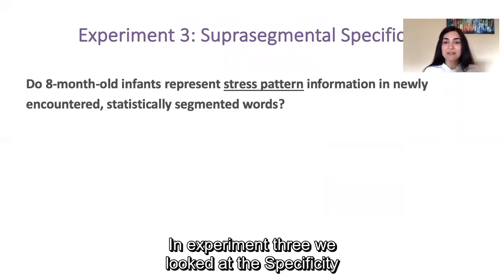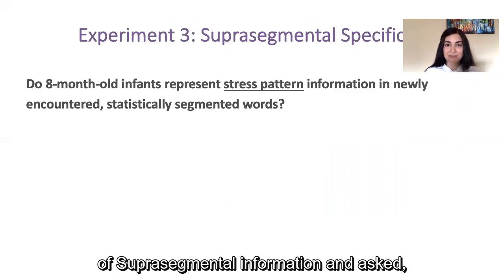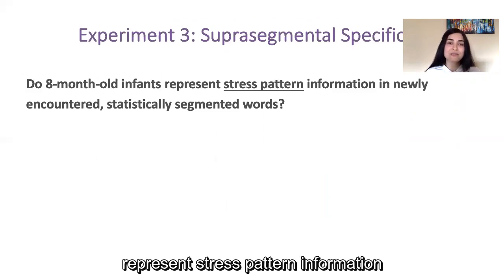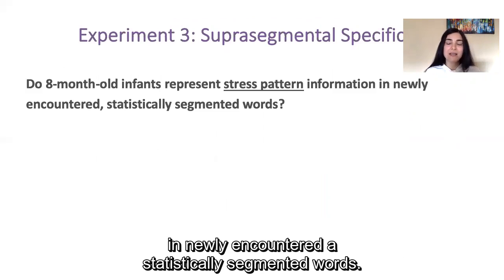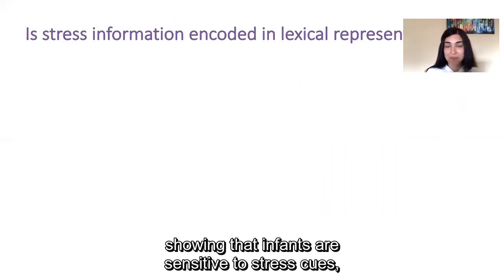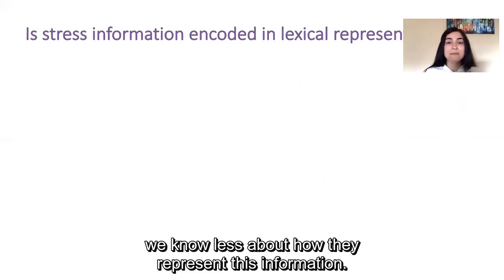In experiment 3, we looked at the specificity of suprasegmental information and asked, do 8-month-old infants represent stress pattern information in newly encountered statistically segmented words? Although there is evidence showing that infants are sensitive to stress cues, we know less about how they represent this information.